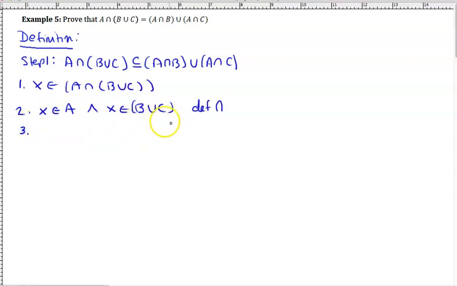And now we're going to look at the union, split that up. So we have X is in A and X is in B or X is in C. That's the definition of union.